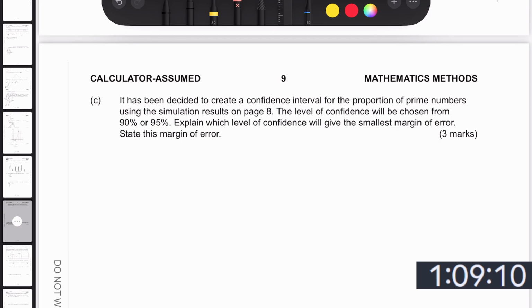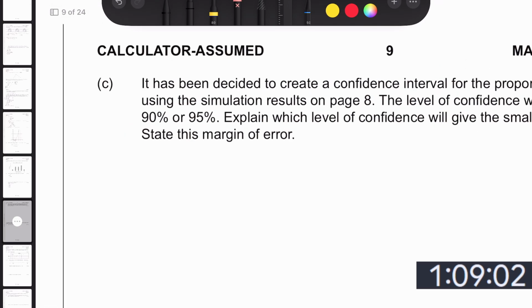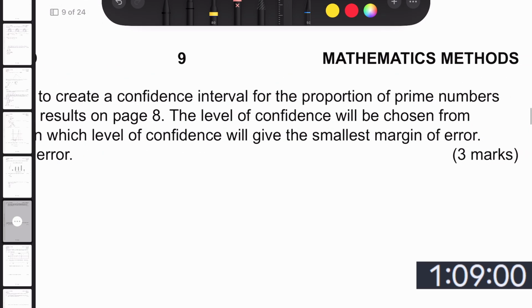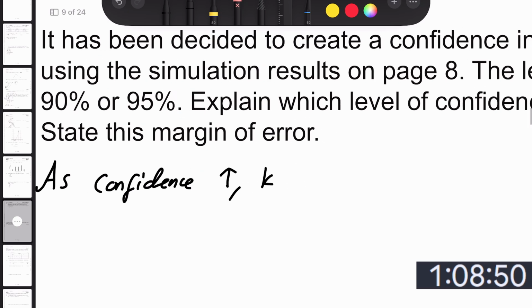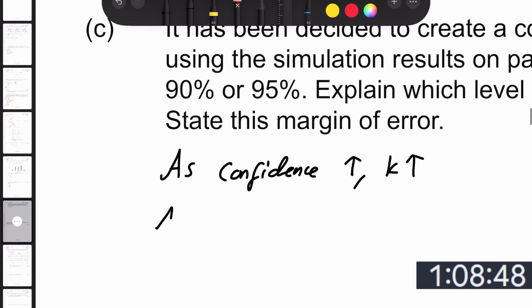It's been decided to create a confidence interval for a proportion of prime numbers using a simulation. Explain which level of confidence will give the smallest margin of error. As confidence increases, then my k value increases.